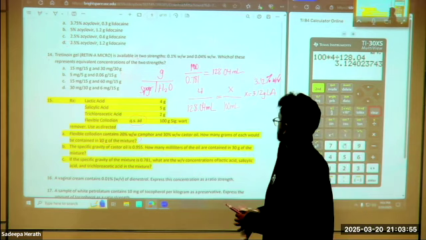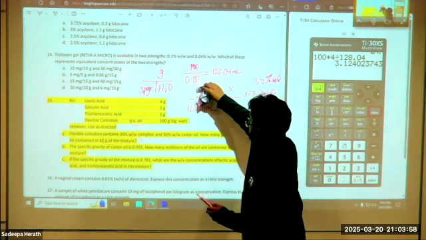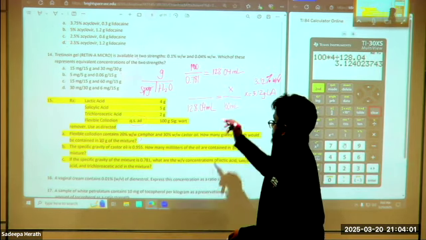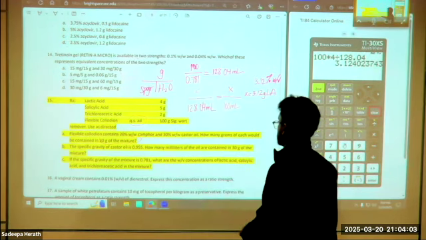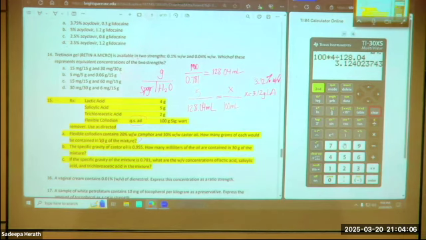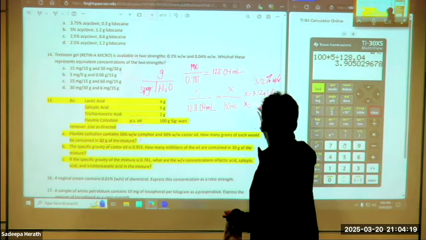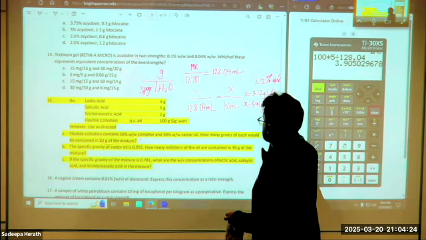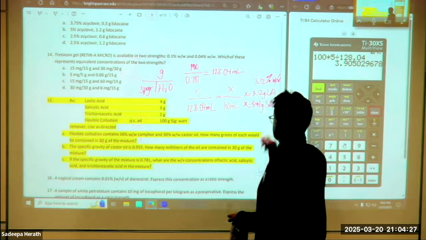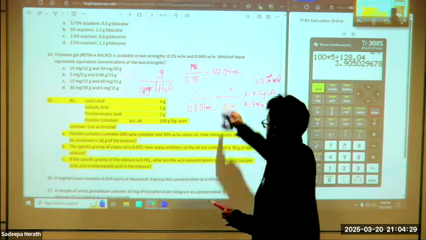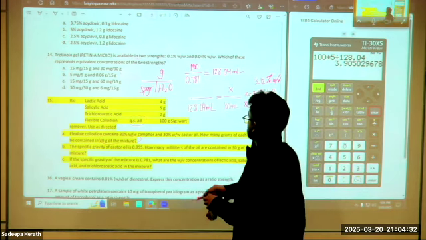So we can do that for salicylic acid, 5. Same thing. 100 times 5 divided by 128.04. 3.91 grams of salicylic acid. And now the last one, 2.